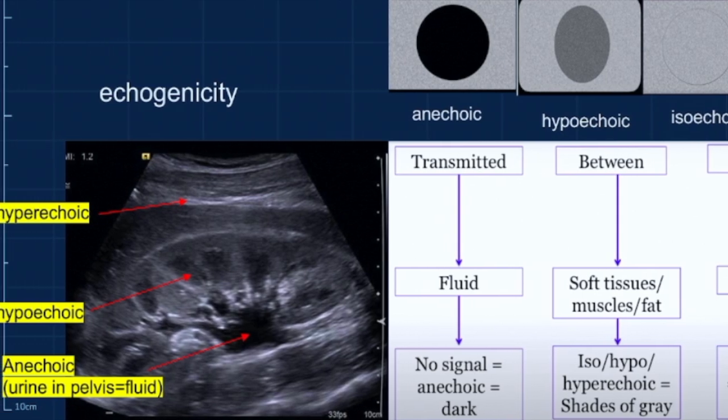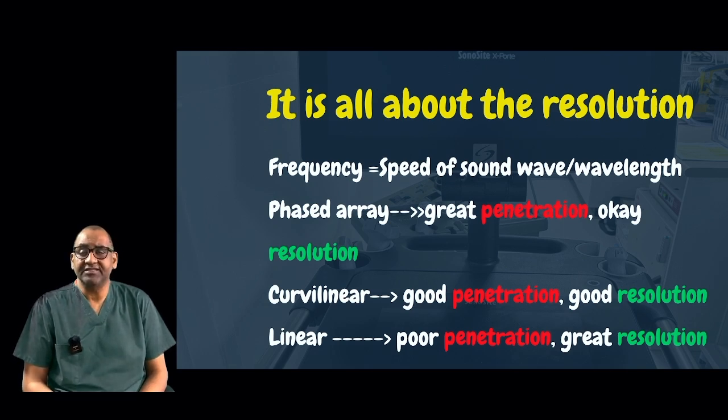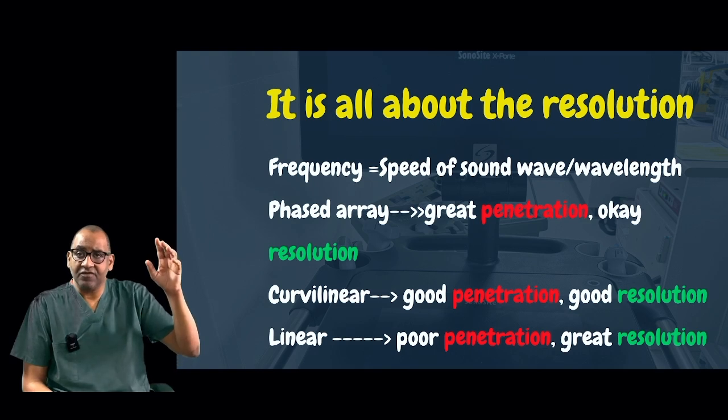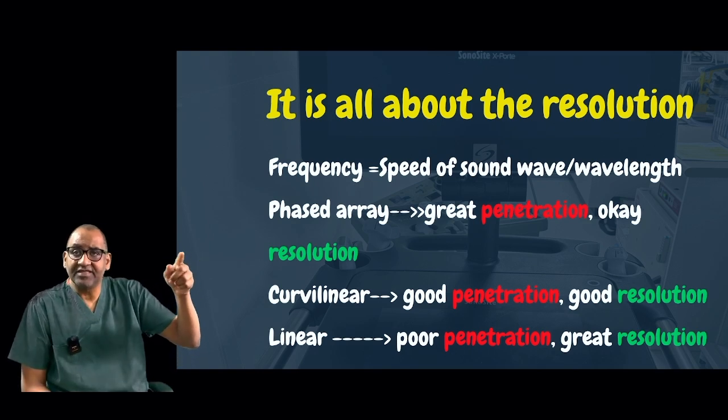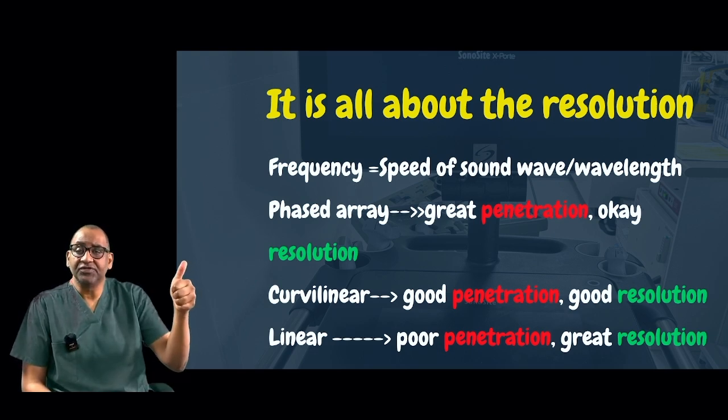Now, you also need to know about the frequency, which is the number of cycles per unit of time. If you are using a probe that uses high frequency, this will give you a good resolution of the image, but it cannot penetrate deep into the tissues.